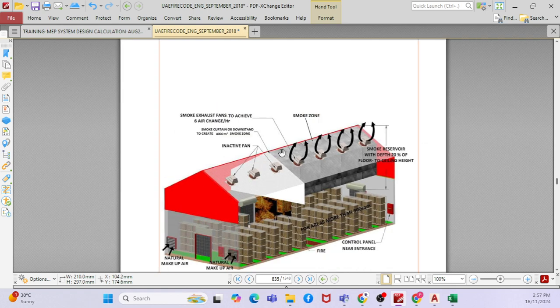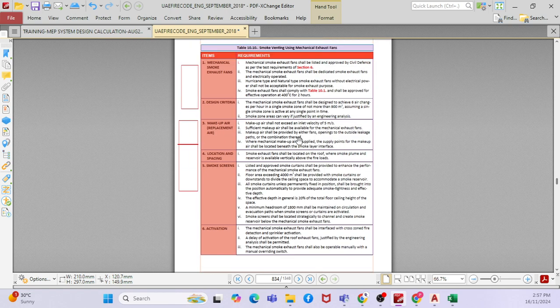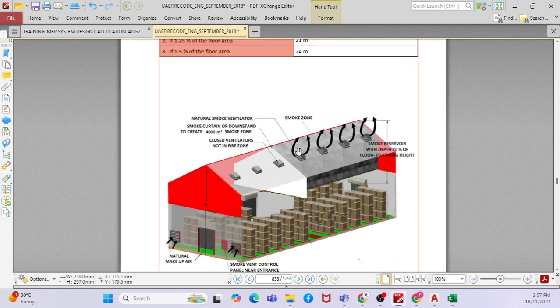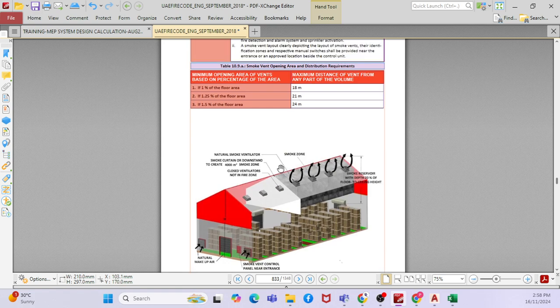No, it is not a fan kind of thing. This is the mechanical exhaust fan. And this is the natural smoke ventilator. The natural smoke ventilator is this particular glass-like panel that will open.